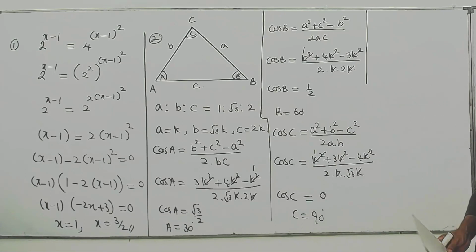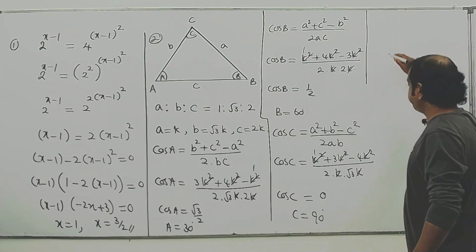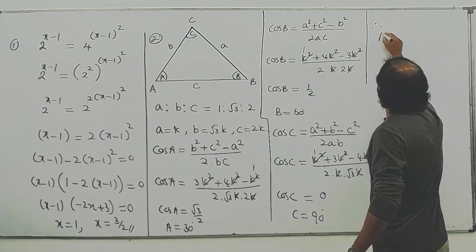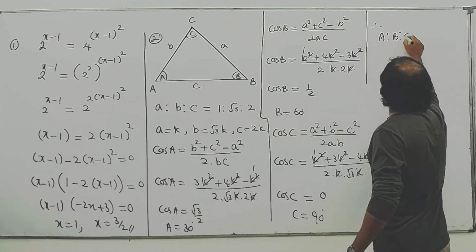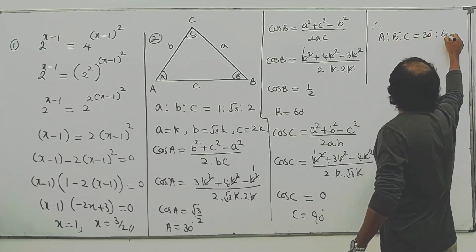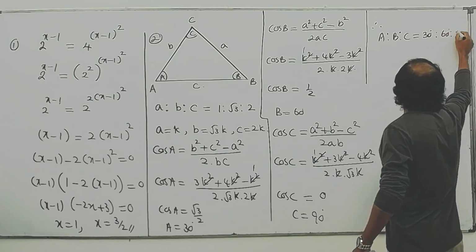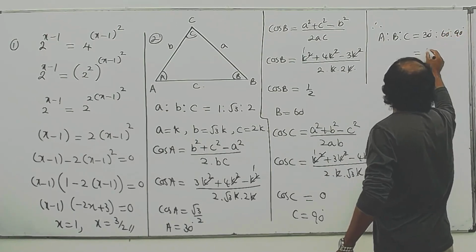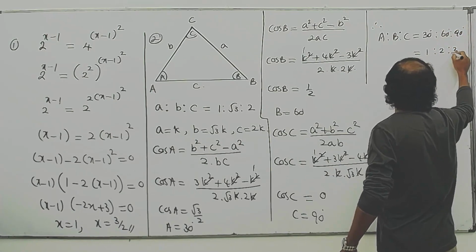Right. So now we can write the ratio. Therefore, A is to B is to C. A 30, B 60, C 90. This is nothing but 1 is to 2 is to 3.